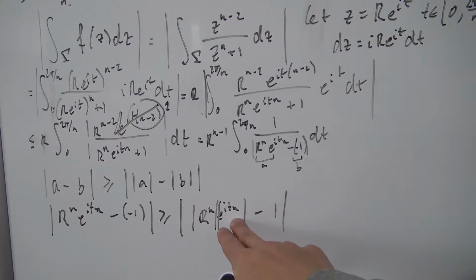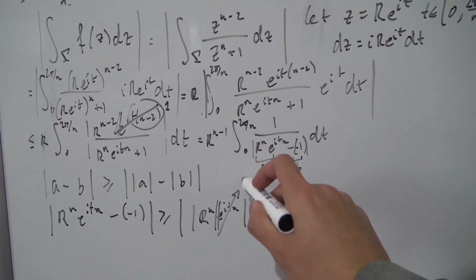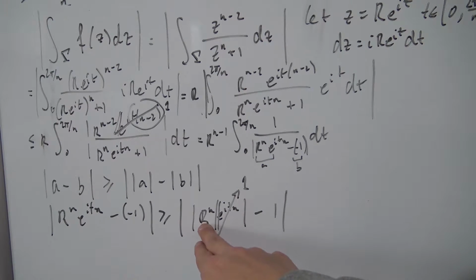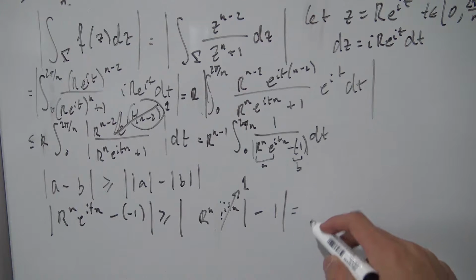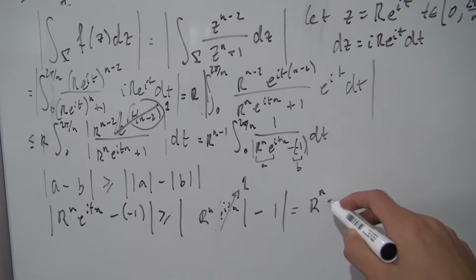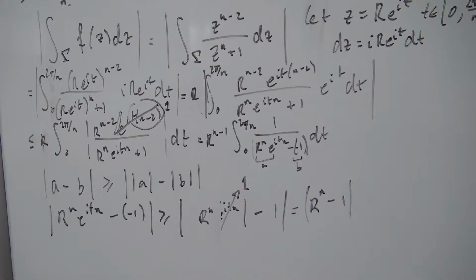And just like before, the absolute value of e to the i times some real number is exactly 1. And notice the absolute value of r to the n is just r to the n itself, since it's some positive number already. So now we're going to end up with r to the n minus 1, but inside of an absolute value. But the thing is, later, r will be a really big number.